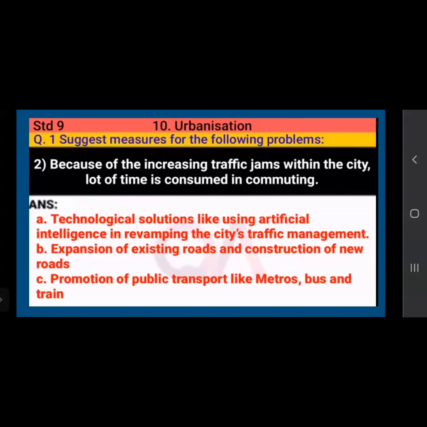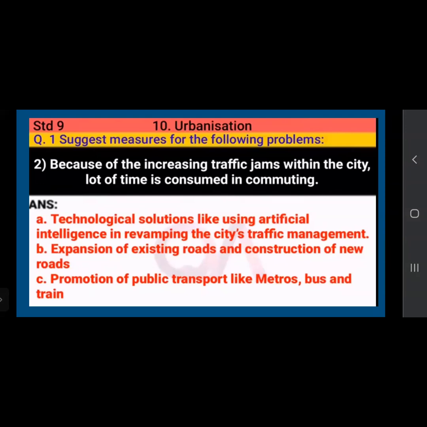Now, because of the increasing traffic jam within the city, a lot of time is consumed in commuting. So what measures can be followed? Technological solutions like using artificial intelligence in managing the city traffic. So technology should be used. Expansion of existing roads and construction of new roads. The roads are made broader and new roads are also constructed.